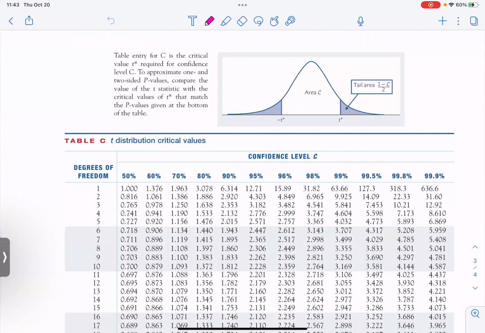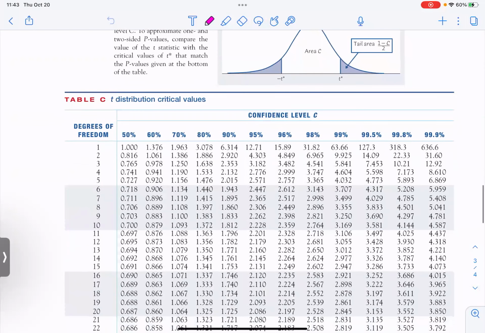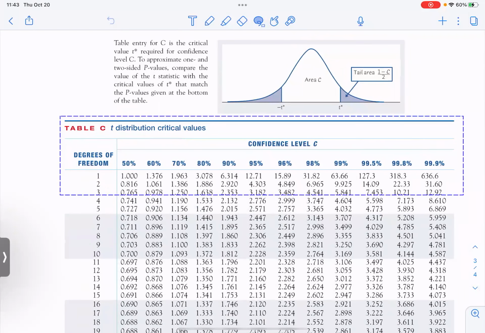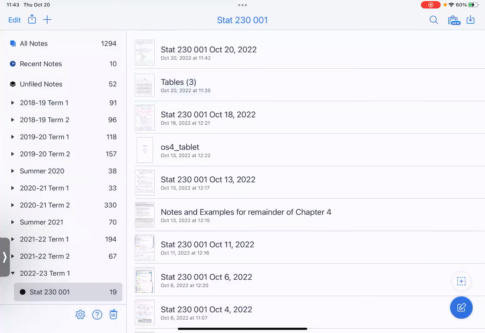So we went through all the work and we found that, okay, if I want a 95% confidence interval, then I need to use 1.96, right? Because then I know that the central 95% of this curve are within 1.96 standard errors.